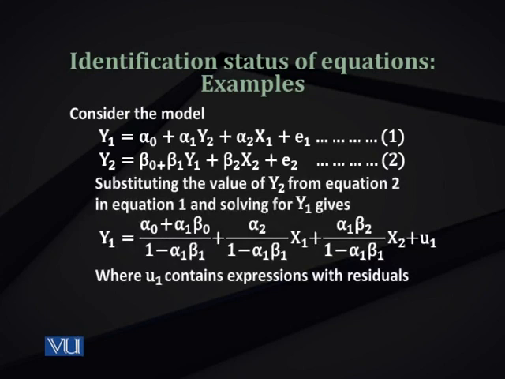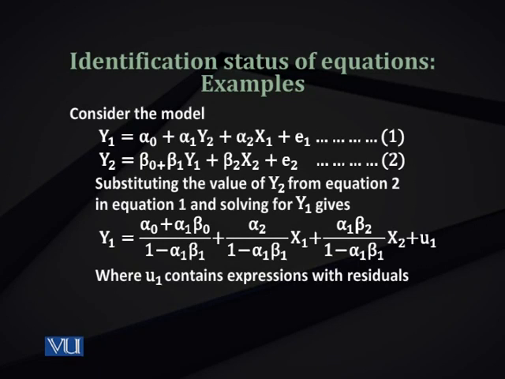Let's substitute the value of y2 from equation 2 into the y2 on the right hand side of equation 1. When we do that, you see a long expression: y1 is equal to some parameters plus some expression into x1 plus some expression into x2.